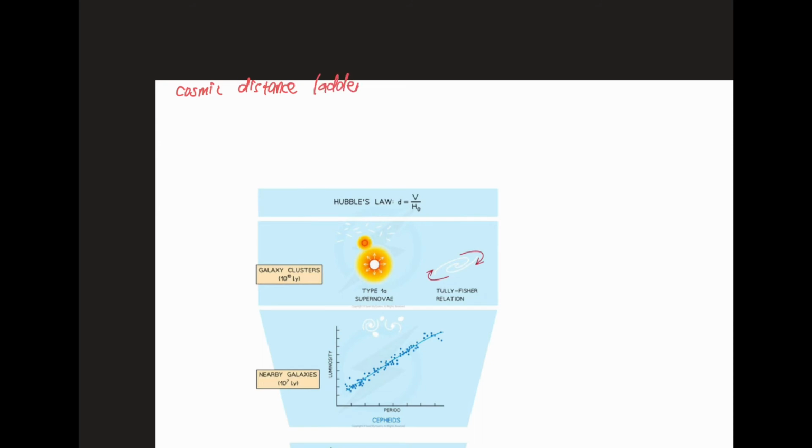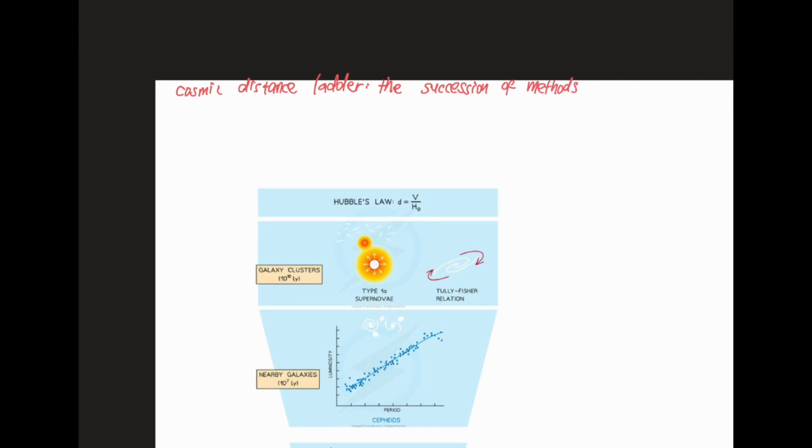So like what I said just now, the astronomers try to figure out how big the universe is, and end up building something like this. Many methods have been used. It's a succession of methods.